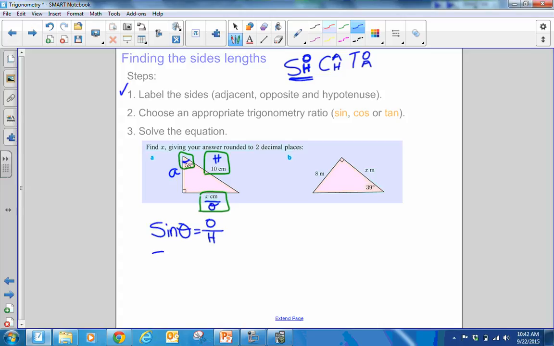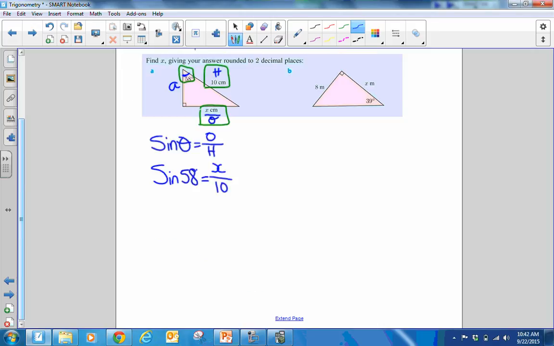So if I do that, sine of theta is the angle, so I put the angle inside, and then it equals opposite, which is x, over hypotenuse, that is 10. Now you know how to solve equations.